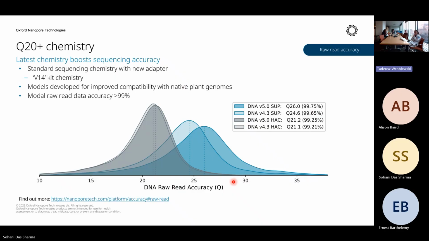This information is not available in other platforms. For example, with another long-read platform like PacBio, the chemistry is consensus. They read the same strand again and again, and then you get the consensus read accuracy. I know some scientists like to compare them, but we cannot, because those two are very different metrics.